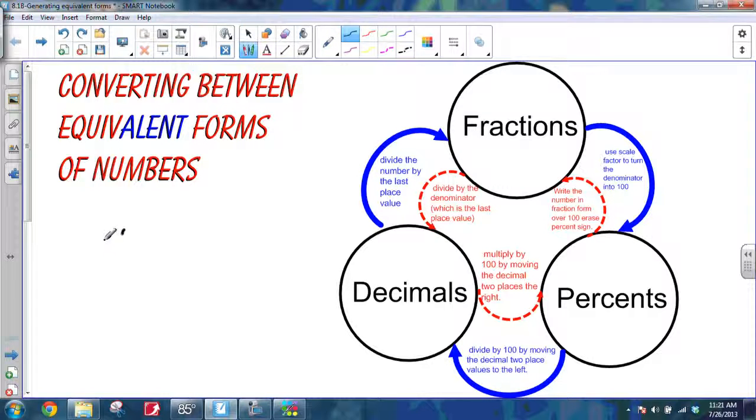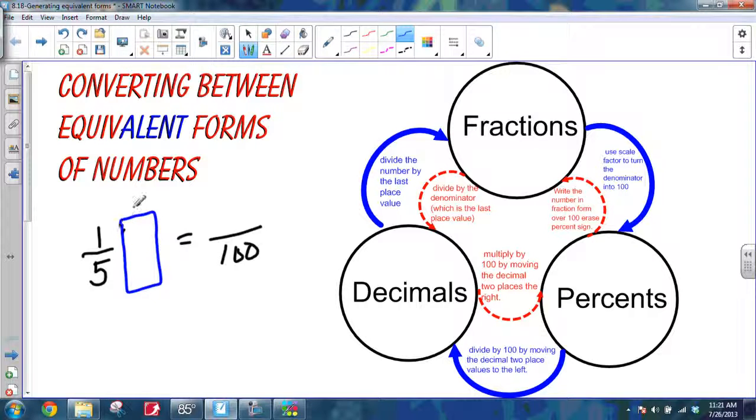Let's say I had 1/5, and I want to turn this into a percent. Well, we already know percents have a denominator of 100, so that's something we need to memorize. And now we have to use a scale factor to change that denominator into a 100. So 5 times what makes 100? 5 times 20.